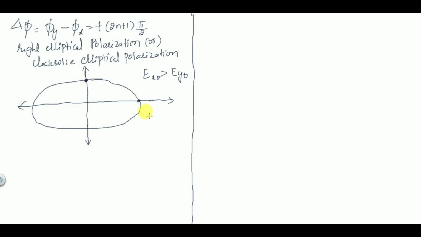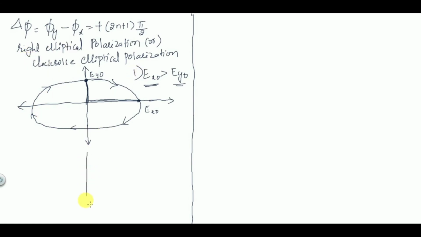This is Ex0 and this is Ey0. This is very near to the origin when compared to this. So Ex0 is more when compared to Ey0, and this is the orientation. It is in the clockwise direction only. So this is the first case in right elliptical polarization.